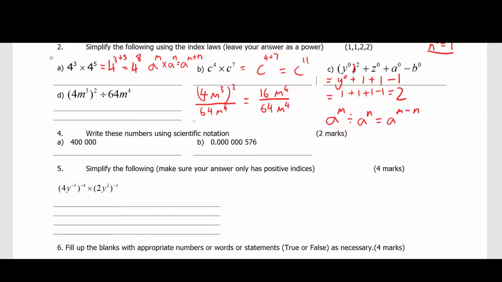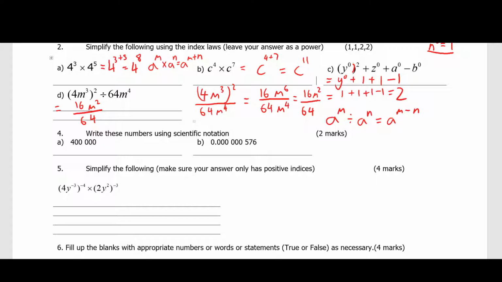So here we have a divide. So we're going to take them. So it's going to leave us with 16 over 64 times m to the 6 over m to the 4. That's 6 take 4, which is m to the power of 2. So here we've got 16 m squared over 64.